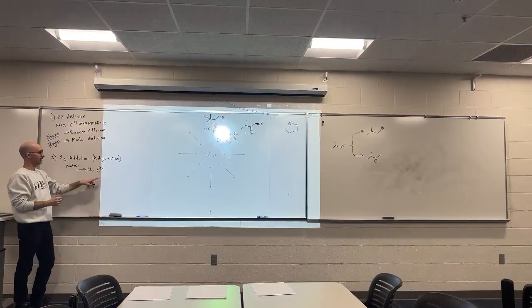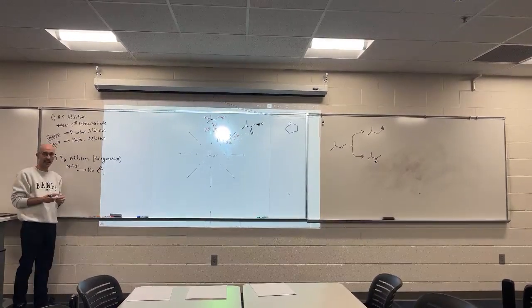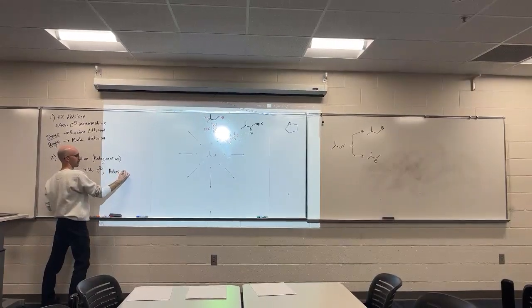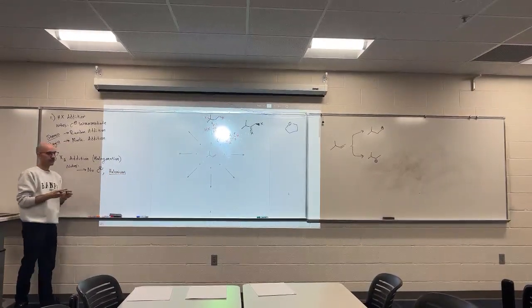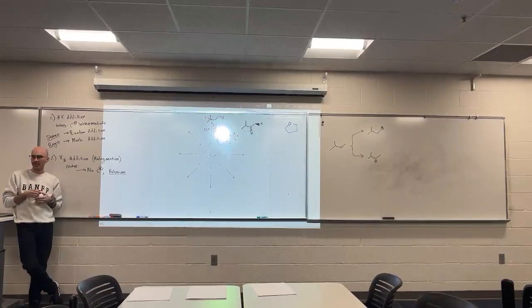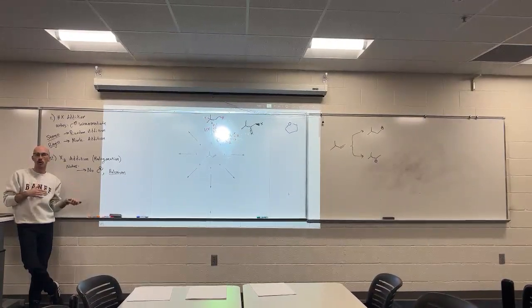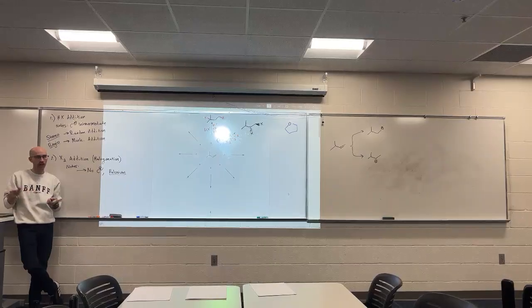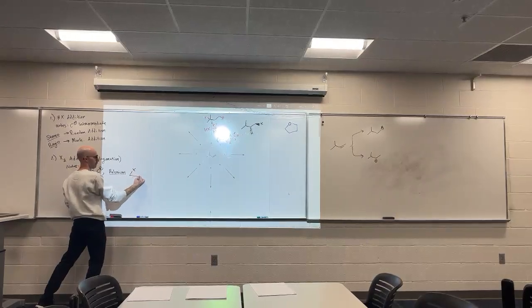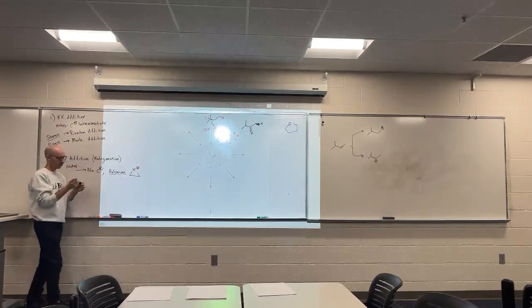No carbocation. Instead, this has a halonium intermediate. And halo is there just as an indicator of halogen, so that's chloronium, bromonium, iodonium intermediate. And the halonium intermediate looks like this.